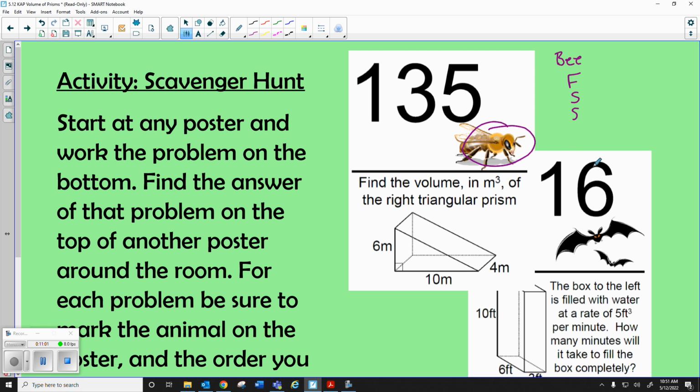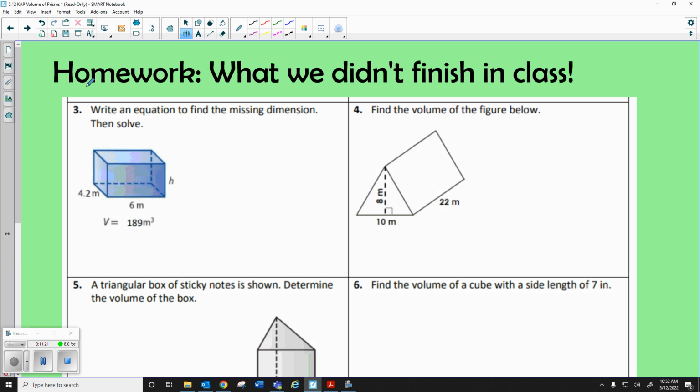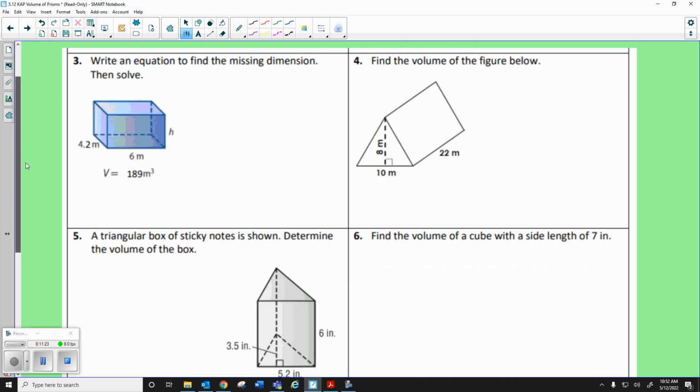So let's say that the bats came next. Okay, then you do your FSS. Pay attention to the word problems, because it's not just find the volume, find the volume. You actually have to read it. Crazy. Okay. Once you do that, you can check the key on Canvas, and then your homework tonight is going to be to finish the remaining, I think it's 6 problems.